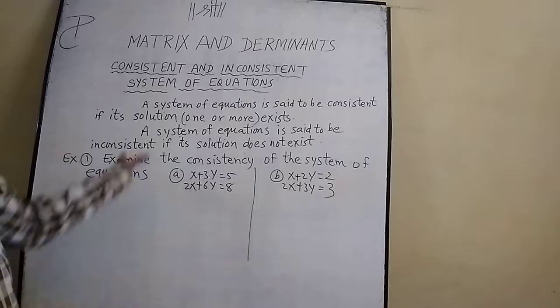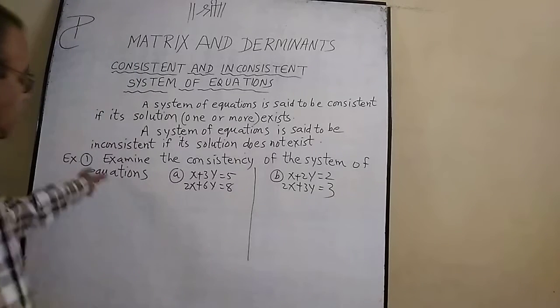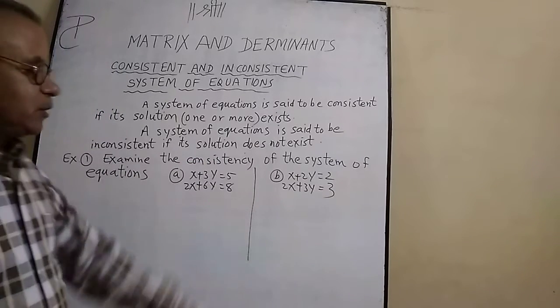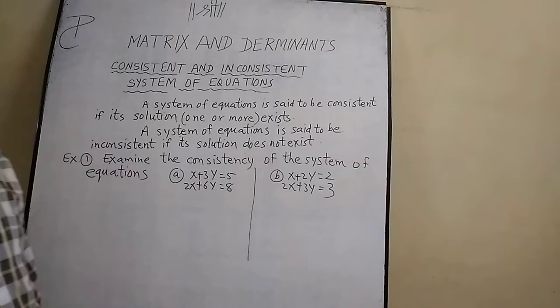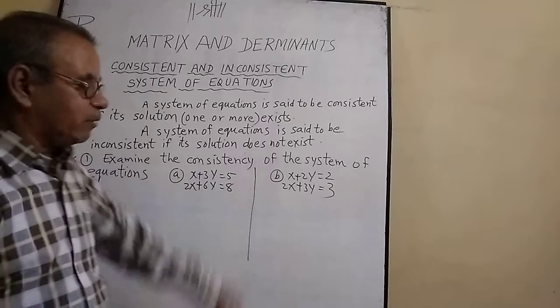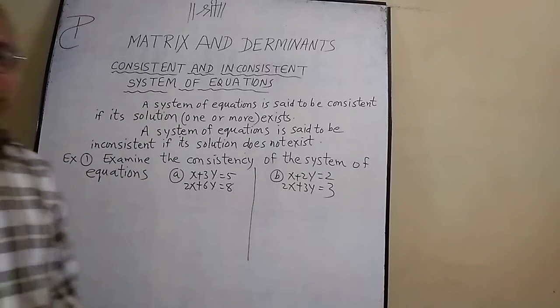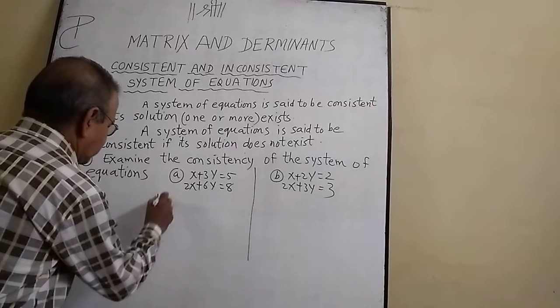Now, with an example, we find out the consistency and inconsistency. Examine the consistency of the system of equations x plus 3y is equal to 5 and 2x plus 6y is equal to 8. There are two equations, and for consistency and inconsistency, we just find the determinant of these equations.